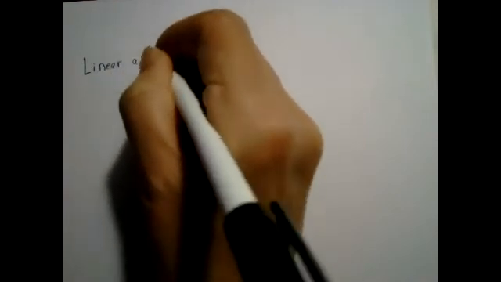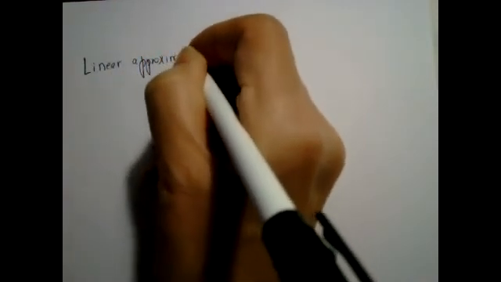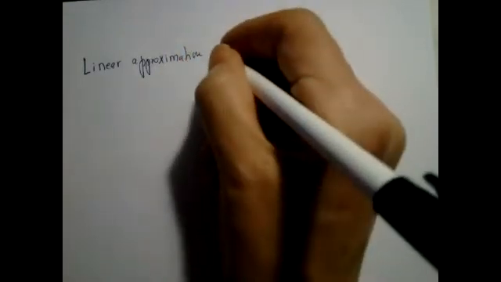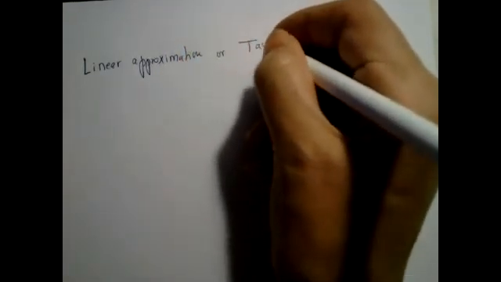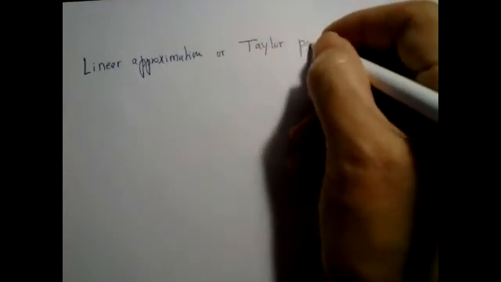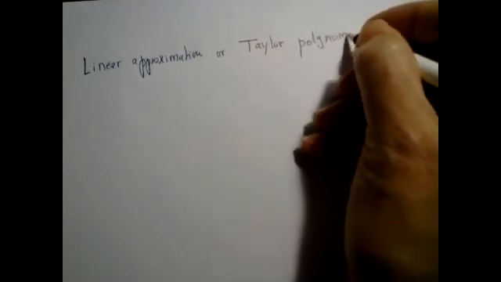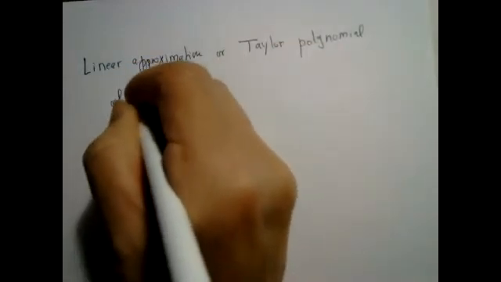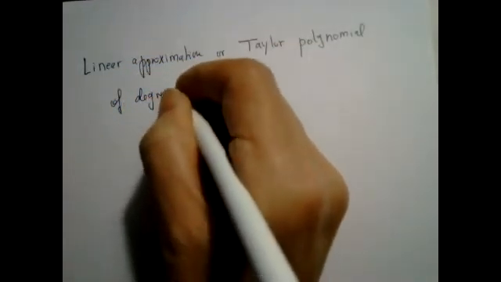All right, so let us start. We saw an approximation in Calculus 1, though you probably forgot about it. So we're going to talk first about what we know: linear approximation, or Taylor polynomial of degree 1.